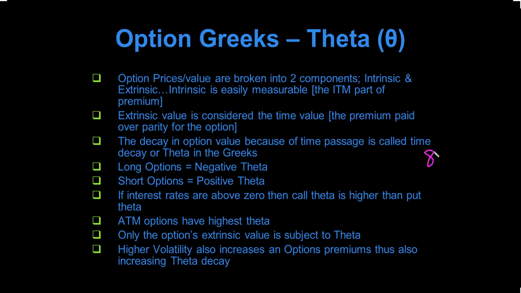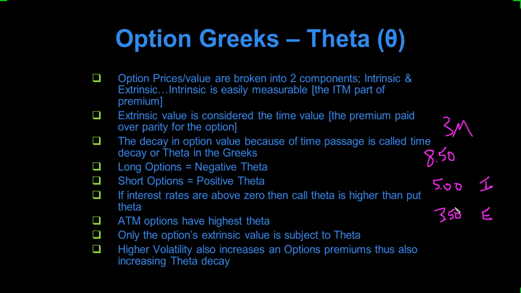If you've got an option that you paid $8.50 for, $5 is in the money, as I said before, so this is intrinsic value. $3.50 is extrinsic value right here. And you've got 3 months for this option contract before it decays.